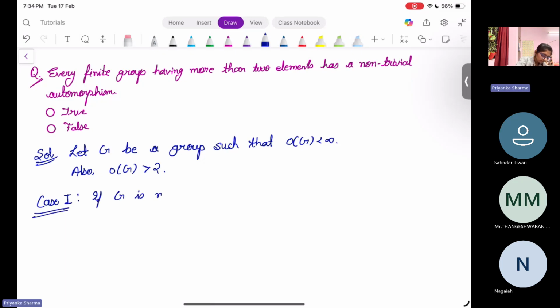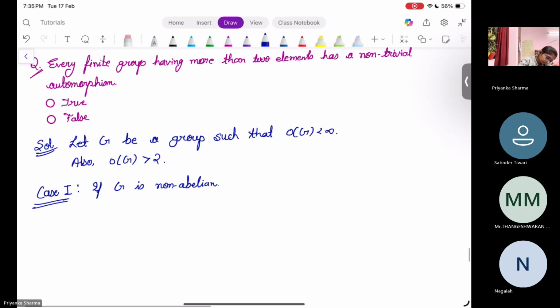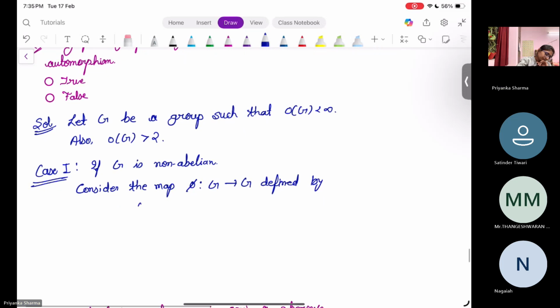If G is non-abelian, what if G is non-abelian? So consider the map phi from G to G defined by phi of x is gxg inverse.